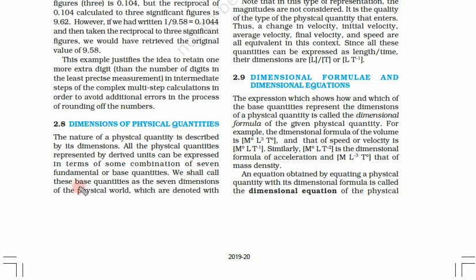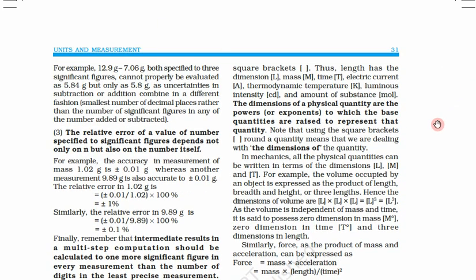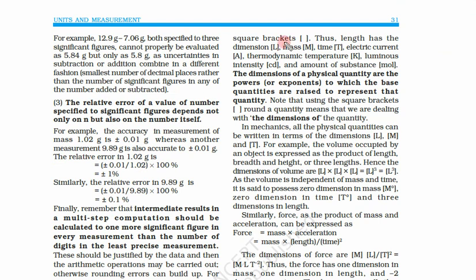We shall call these quantities the 7 dimensions. These basic units are represented by some quantities. Those quantities are called dimensions of the physical world, and these are denoted by square brackets. Whenever we put a square bracket, that means this is the dimension of that quantity. Now let us understand some of these dimensions.